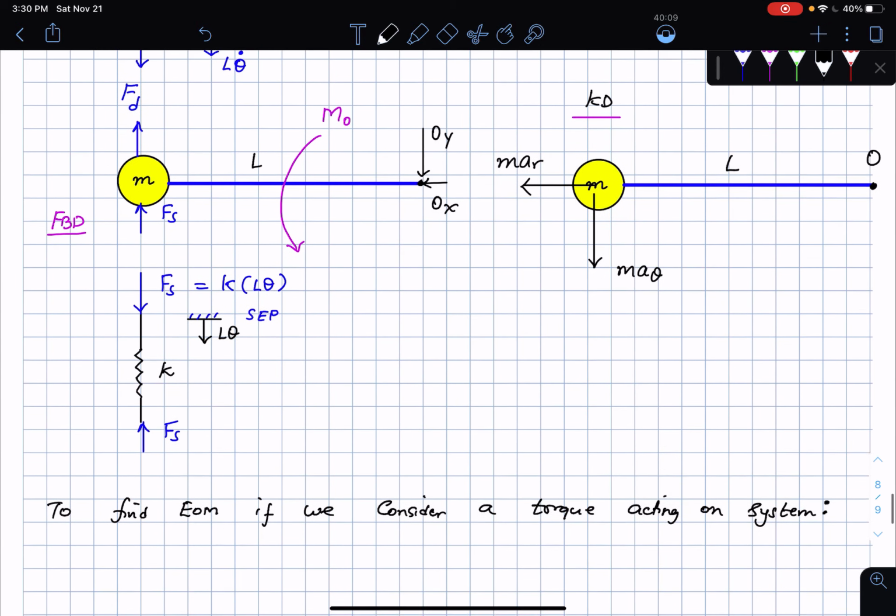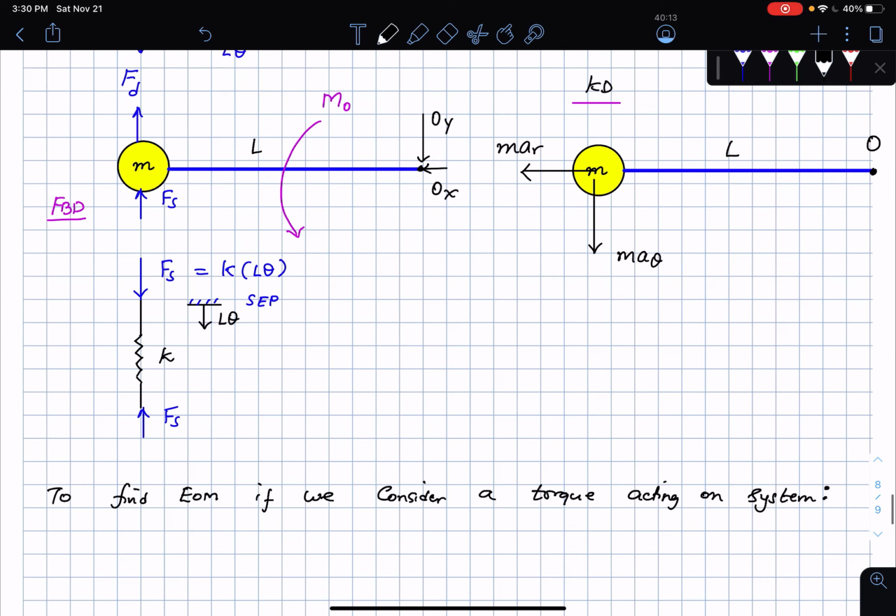This is an applied torque. I can't sum the forces up. I have to apply the sum of moments about the point O. I can say the following: sum of moments about the point O on the free body diagram should be equal to sum of moments about the point O on the kinetic diagram.